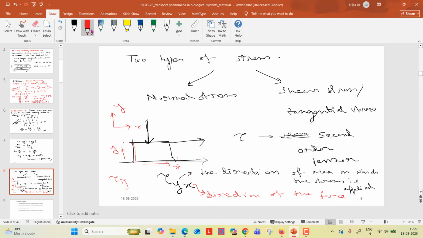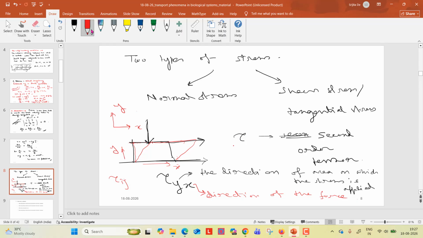This area, the stress is working. But the direction of the force is X. That is fine. But the change in area, or whatever change will be happening, will be happening in the position of Y. Suppose we are giving stress in the X direction, what can be changed? So this position can be diverted to this position. And now the system may be like this, right? Because we have given the stress in this direction.